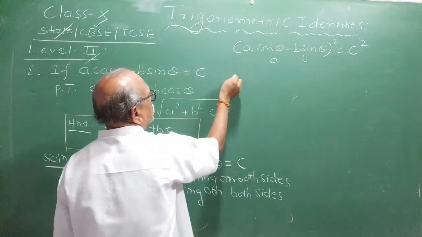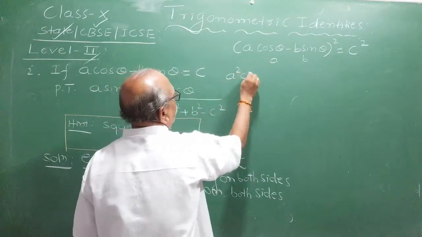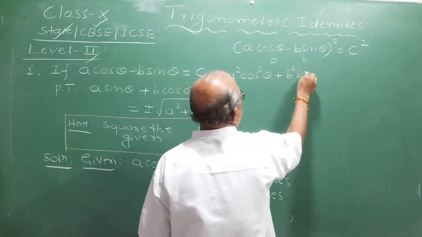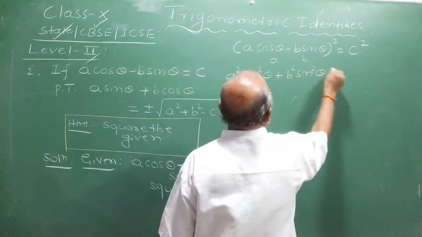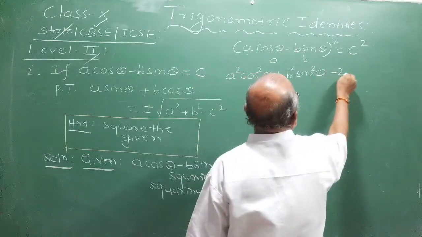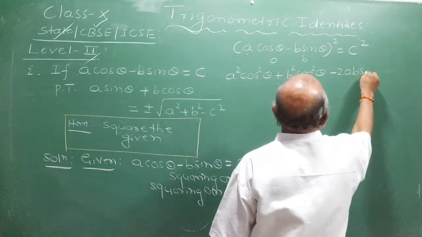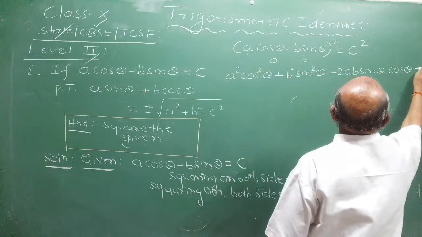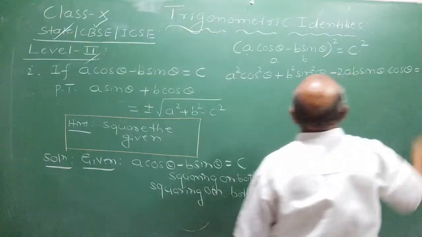So a square cos square theta plus b square sin square theta minus 2ab sin theta into cos theta is equal to c square.